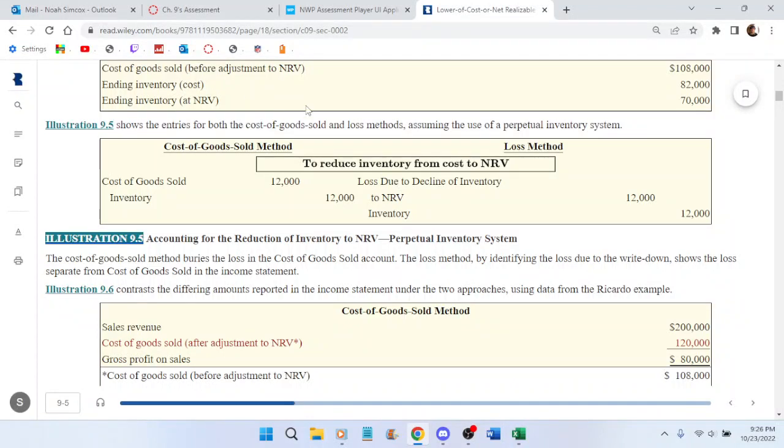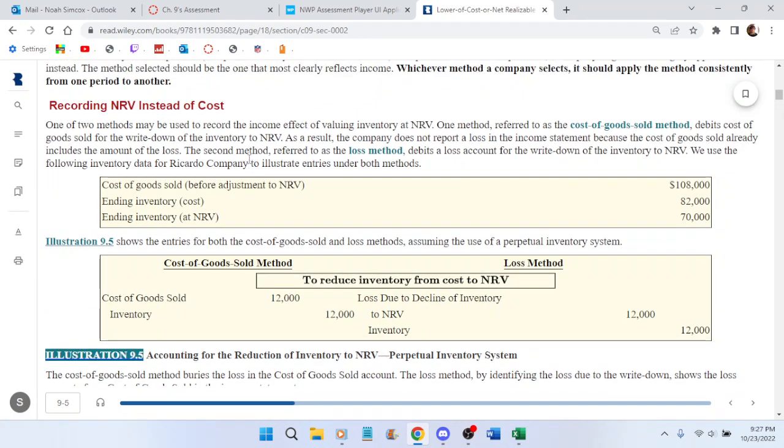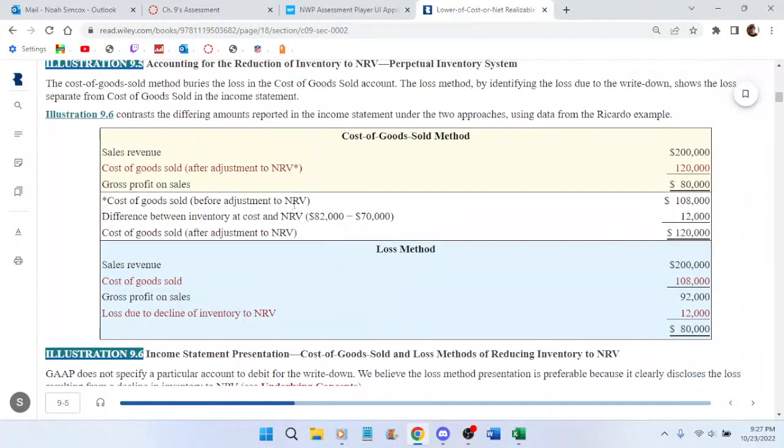If it goes down, it's a loss. It went down. It went down. Before adjustment, cost of goods sold, you adjust by that amount.